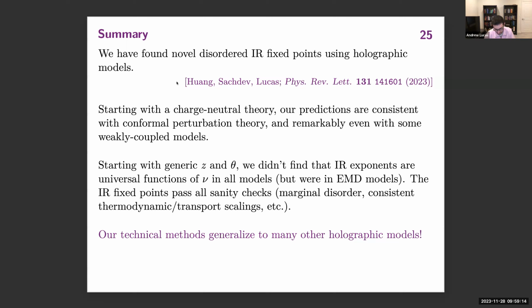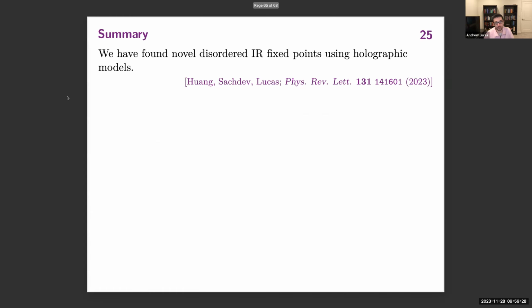And I think these results are certainly consistent with that. One slight caveat: I don't think we've actually done the analysis for that particular model, what the disordered fixed point would look like, just because it's this peculiar limit where z is infinity and theta equals 0.